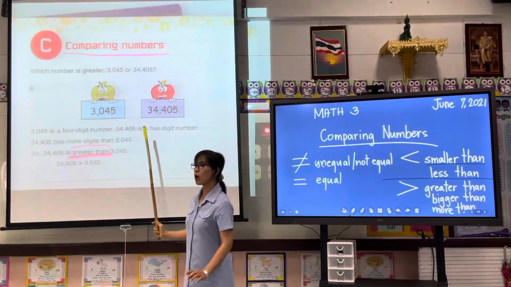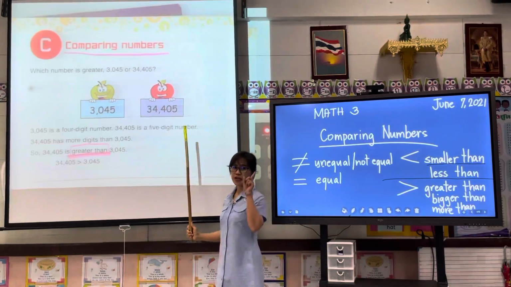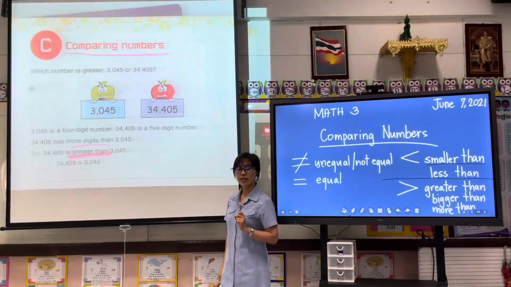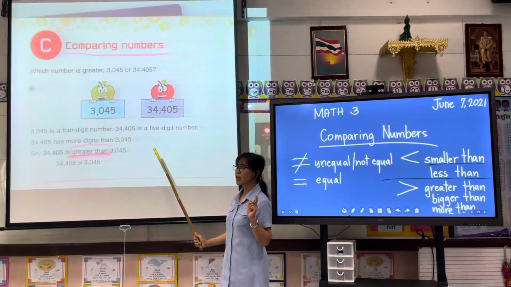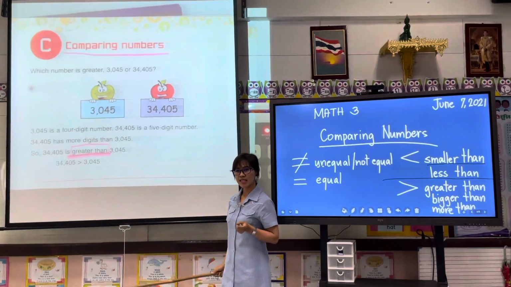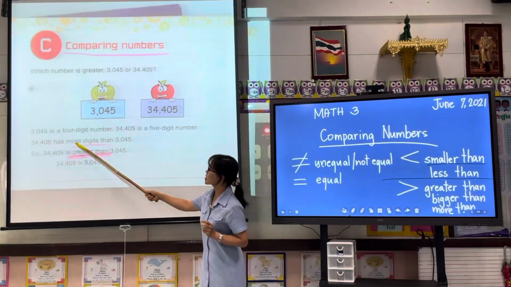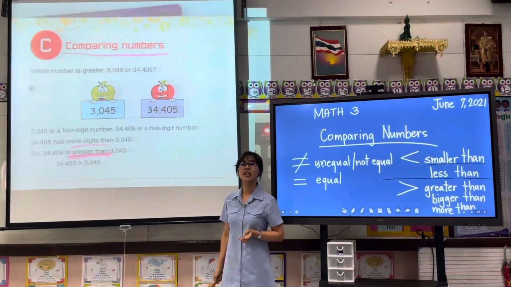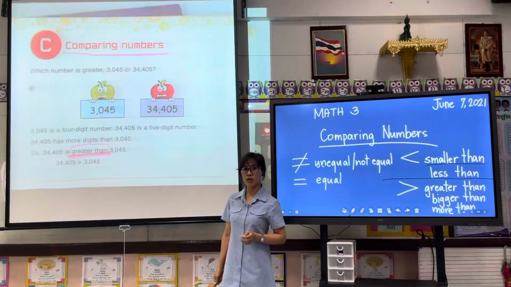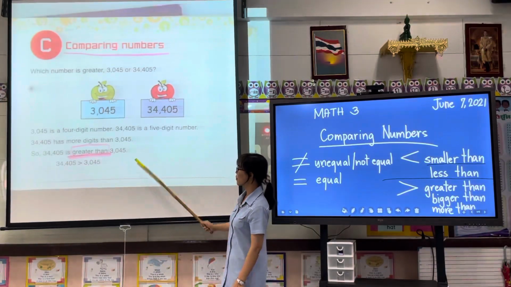Alright? Now, when you compare numbers, first step is you count the number of digits in the number. Okay? So, the number that has more digits is the greater number. That is a tip, first tip. Alright?